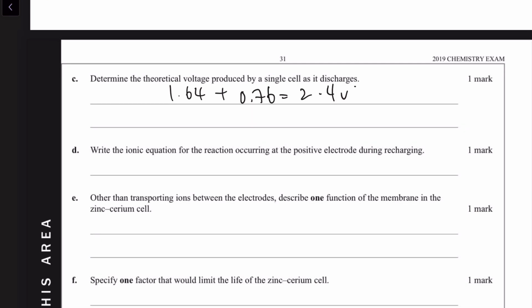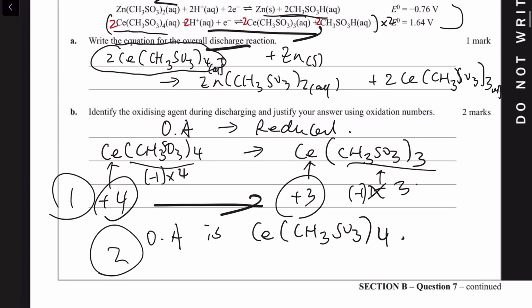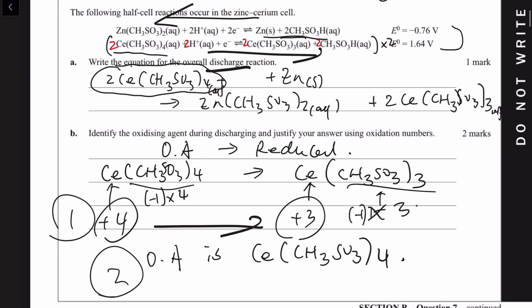Write the ionic equation for the reaction occurring at the positive electrode. So for the ionic equation, we remove the spectator ions. So clearly from this overall equation, or from the oxidizing agent question, we know that this acid is not participating in this reaction.